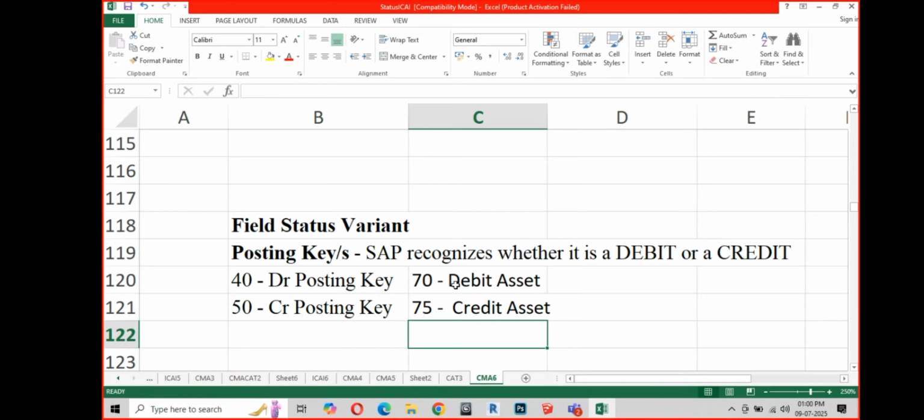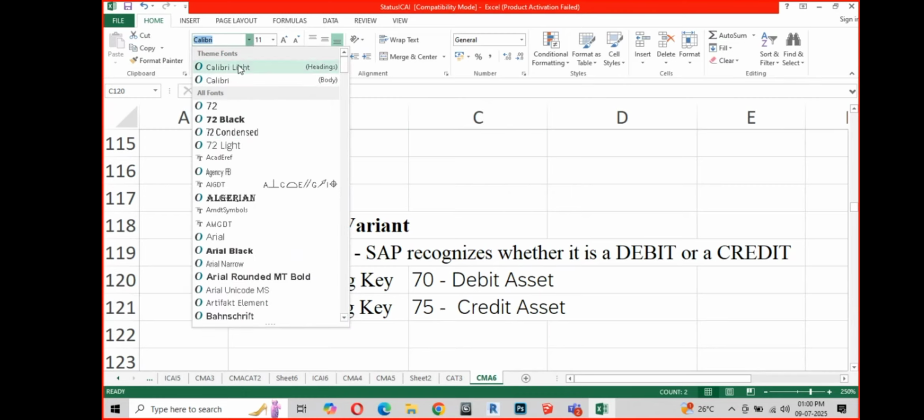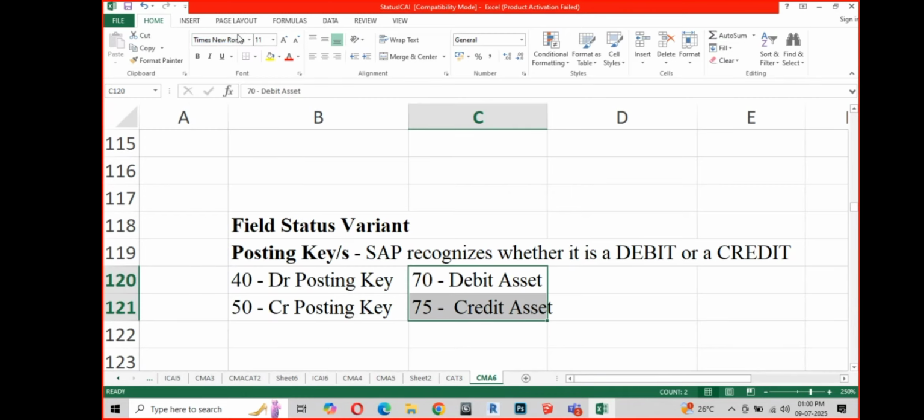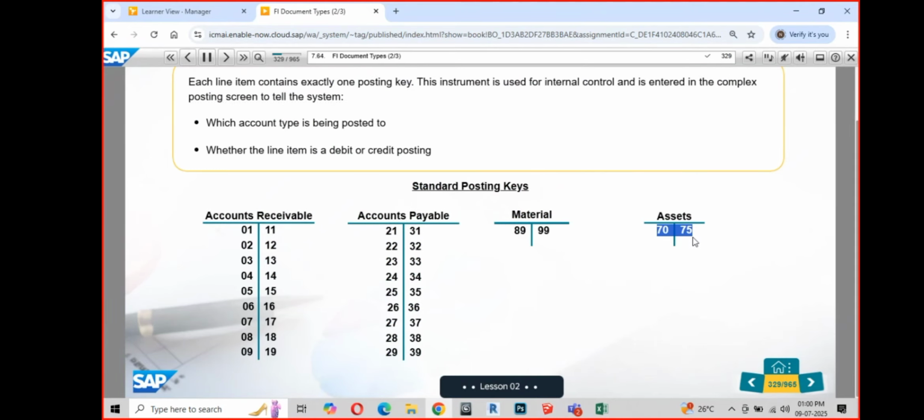In that circumstance, your asset account will be indicated through a 75 because you're crediting. 70 is your debit, left side of your accounting T, and 75 is the right side of your accounting T. So debit asset is your 70. Whenever you are crediting, it is your 75.